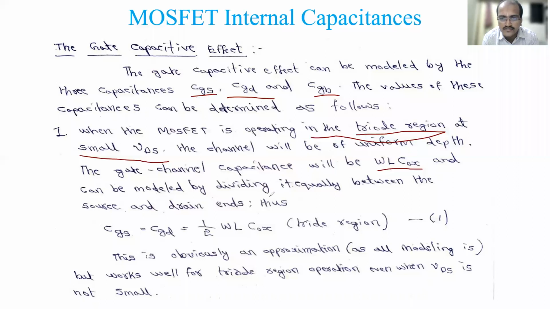Its total value is equally divided among gate to source and gate to drain. That's why CGS equals CGD equals 1/2 WLCOX, in the case when the MOSFET is operating in the triode region.